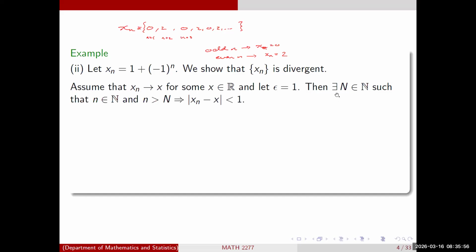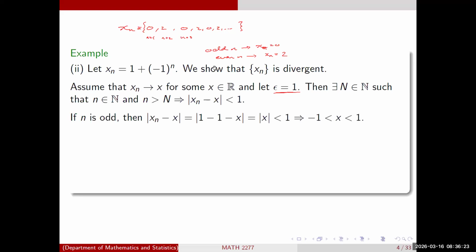Okay, then that means there must exist some big N such that if I take any other natural number ahead of this big N, the distance between those terms and x should be within 1, right? This is the definition of a limit of a sequence. All I did was I just took epsilon equal 1.